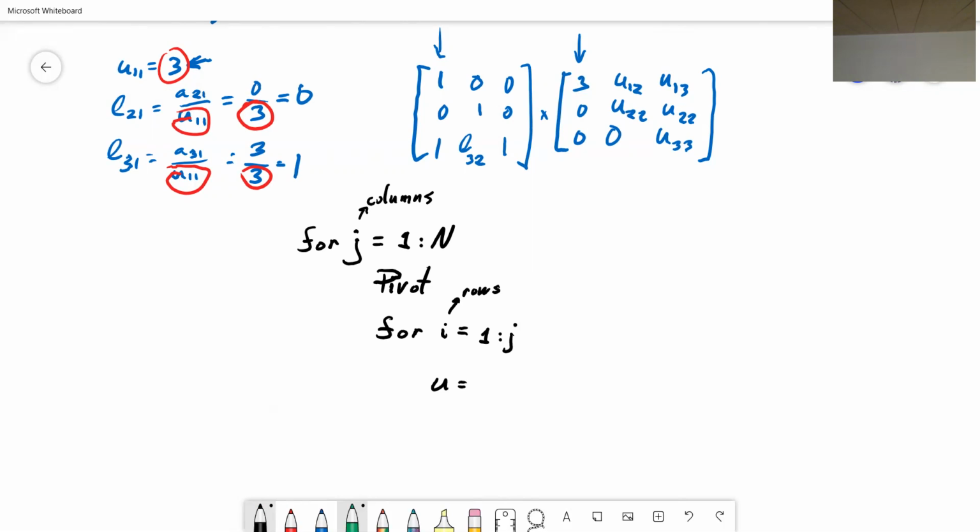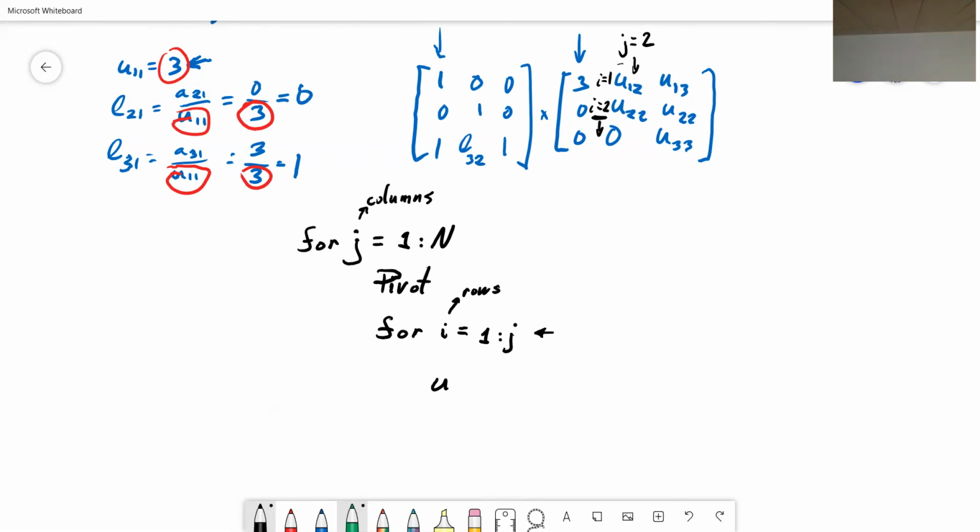So u equals an expression that we have in our presentation. But I want to emphasize the rows that we'll be working on. We will only be working down to the diagonal. So if we're on the second column, j equals 2, we'll be working for i equals 1, i equals 2, and then we stop because everything below the diagonal will be 0. So we will just want to get to i equals j.